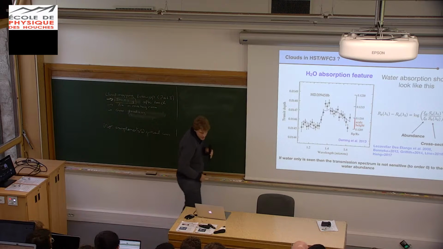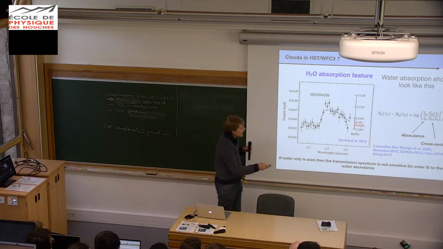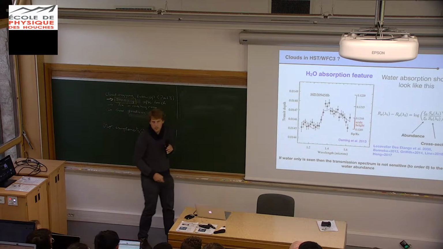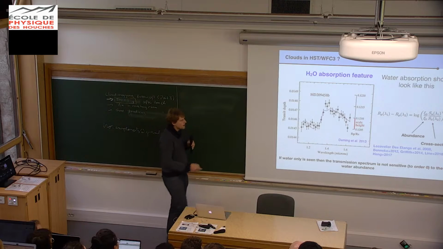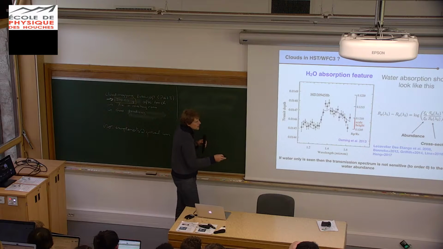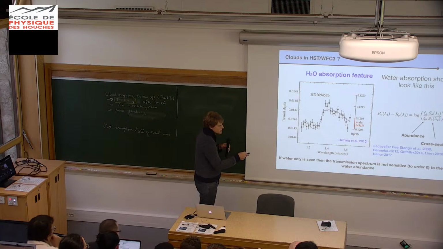Something that's pretty nice is that since 2008 or even before, you can write analytically what you expect the transmission spectrum to look like. The funny thing is that the radius difference depends on the abundance times the cross-section of the species that absorbs here, divided by the abundance times the cross-section of the species that absorbs here.